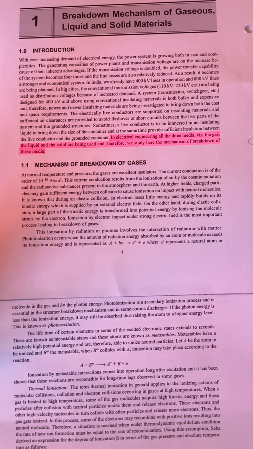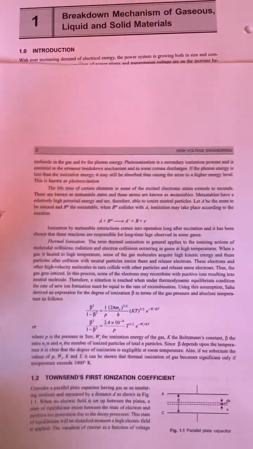So here it says if the photon energy is less than the ionization energy from the external source, it may still be absorbed, thus raising the atom to a higher energy level. So even if it is less, it will still be absorbed, and it will now raise the atom to a higher energy level. And this is what is known as photoexcitation. Wow. So I'm hoping that you are making a note of that somewhere. Okay, right.